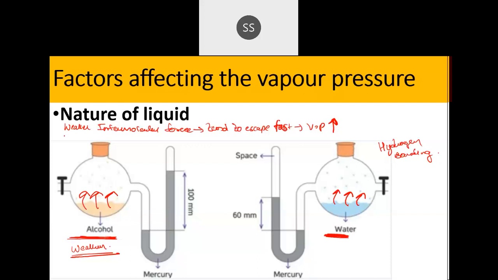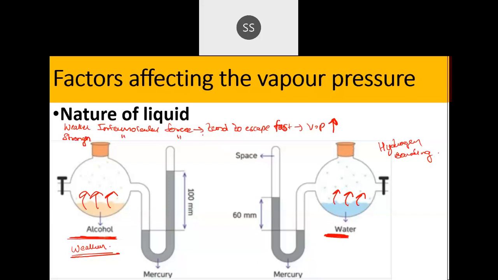But otherwise, if they have a strong intermolecular force of attraction, then it's difficult to break. Imagine, in terms of human beings, if two people have a strong bond between them, breaking that is difficult, correct? But if they have a weaker bond, then breaking that will be easier.